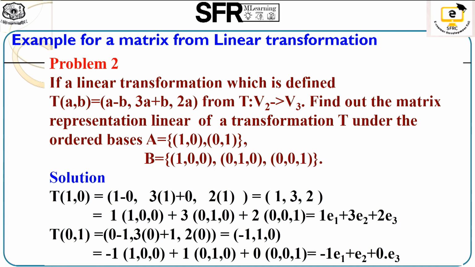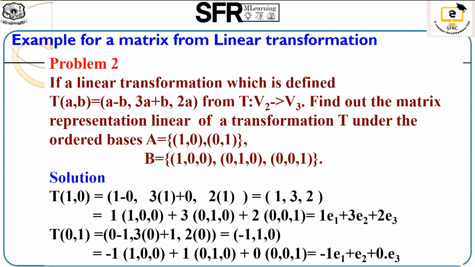Again we apply the transformation for the basis vector T of (0, 1), here a equal to 0 and b equal to 1. Substituting in the transformation, a minus b gives 0 minus 1, which is minus 1. Next 3a plus b gives 3 into 0 plus 1, which is 1. Then 2a gives 2 into 0, which is 0.